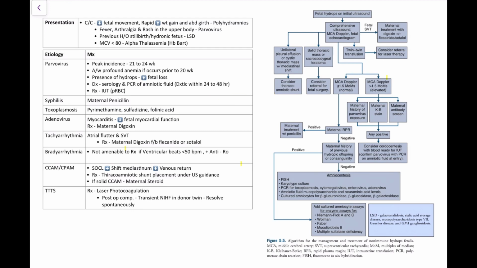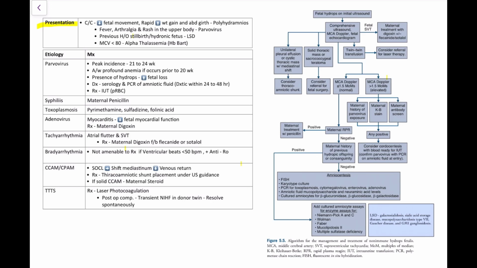In general, we have to first rule out immune hydrops from NIHF by ordering CBC, blood group and a Coombs test. If it is ruled out, then we are going to run an algorithm for NIHF.